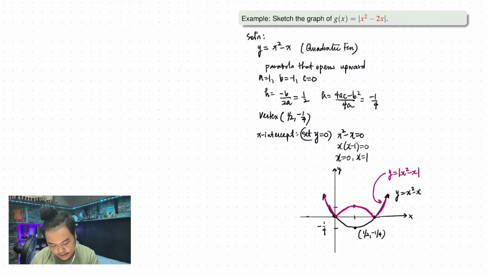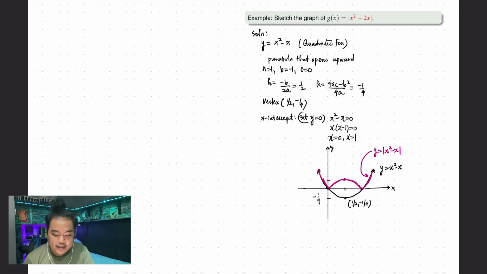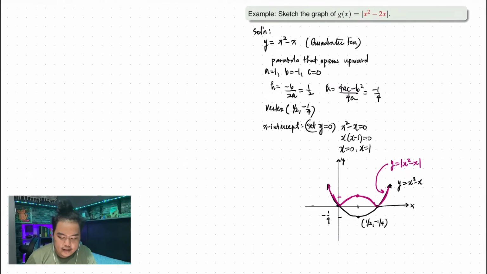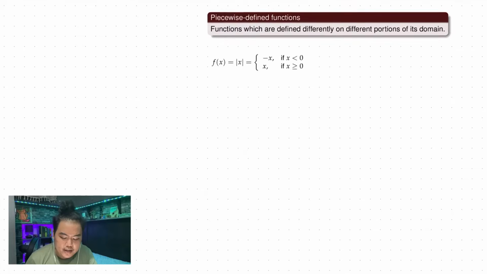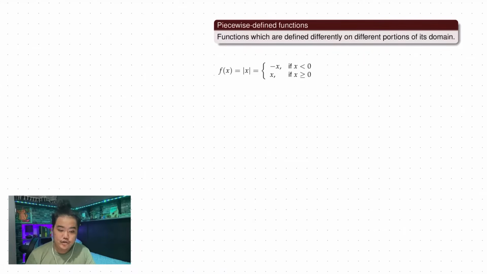Clear ba yon? So, let us proceed dun sa next type ng functions natin, which is the piecewise defined functions. Maraming mga batang or mga estudyante takot na takot dito. But these are just functions which are defined differently on different portions of its domain. So, kaya nga siya piecewise defined kasi pira-piraso.